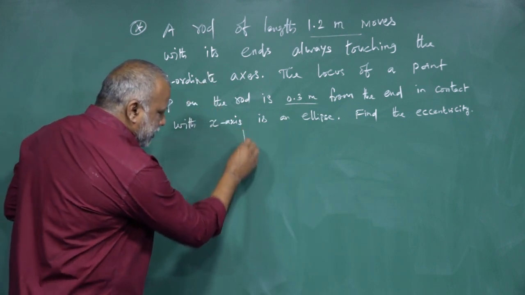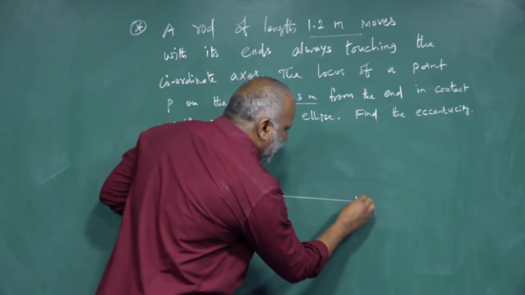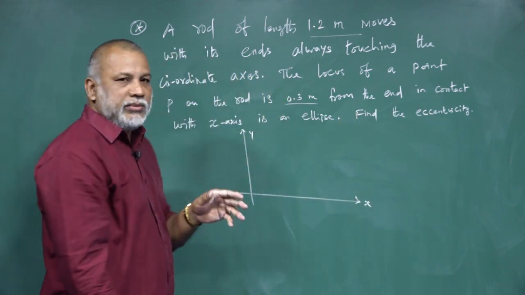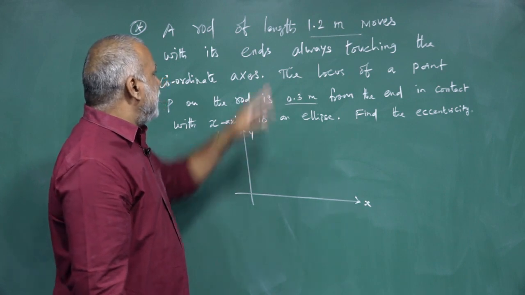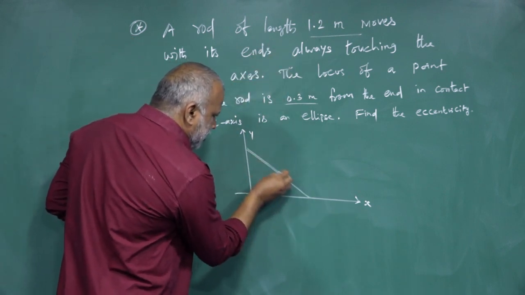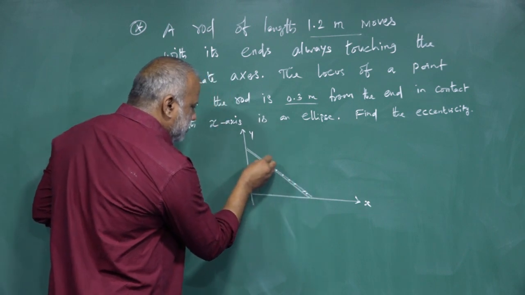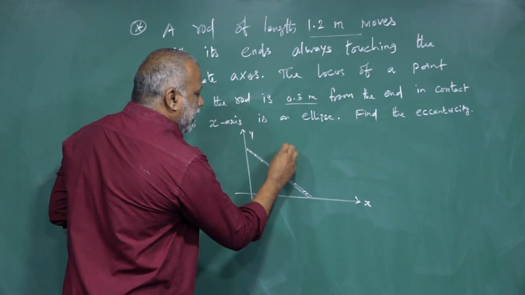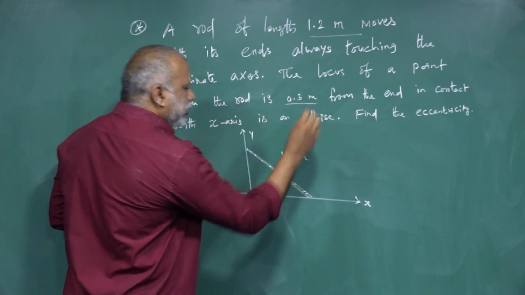See this, we are taking the coordinate axes first, x-axis, y-axis. Consider this is a rod of length 1.2 meter. The total length of this rod is 1.2 meter.